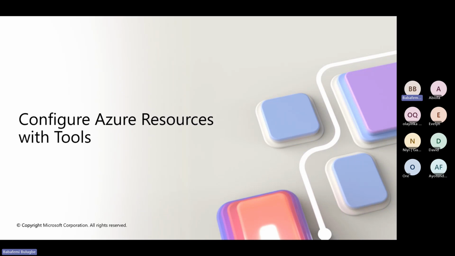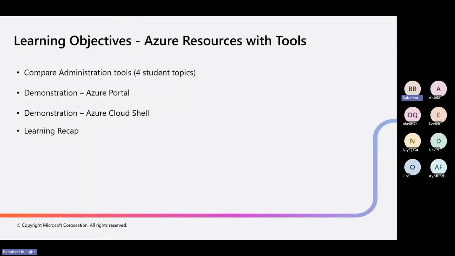So let's start with configuring Azure resources with tools. Here, there are 4 different tools which I've talked about. The ARM template, where we'll be using code to manage our resources. Then the portal, which is the GUI, graphical user interface.